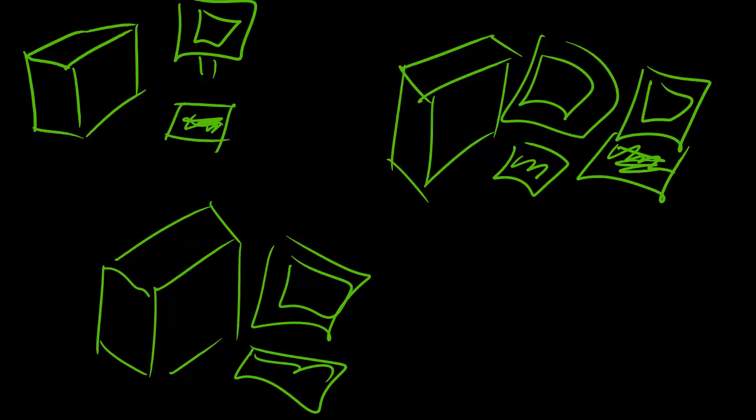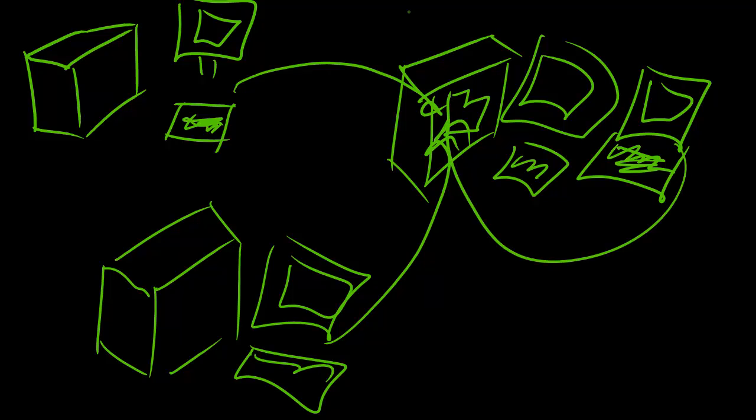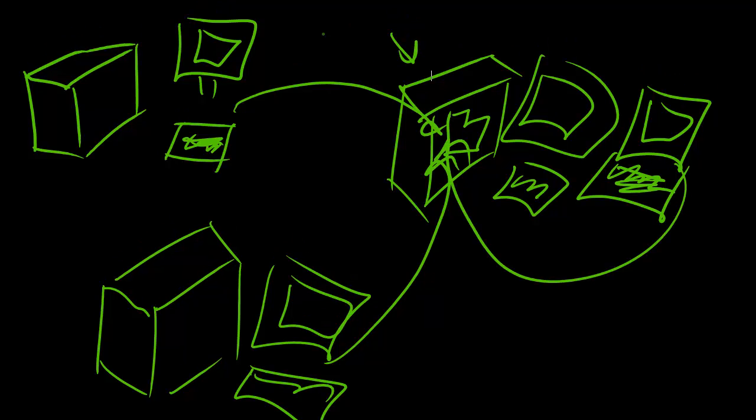Well, let's say we have a share set up, or a folder set up, to where this guy can access it, and this guy can access it. This guy here is acting as a server. I mean, it's still just a desktop.